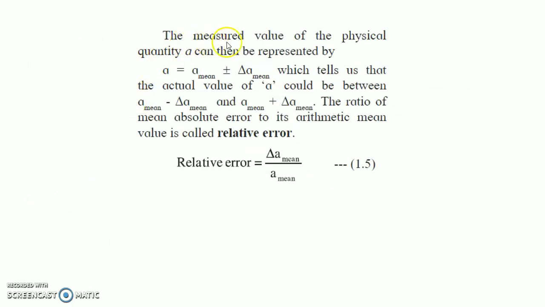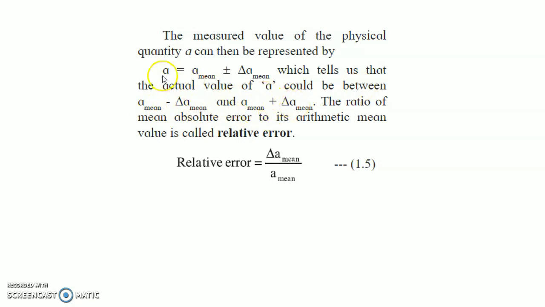So the measured value of physical quantity A can be represented by A is equal to A mean plus minus delta A mean, which tells us that the actual value of A could be between A mean minus delta A mean and A mean plus delta A mean.